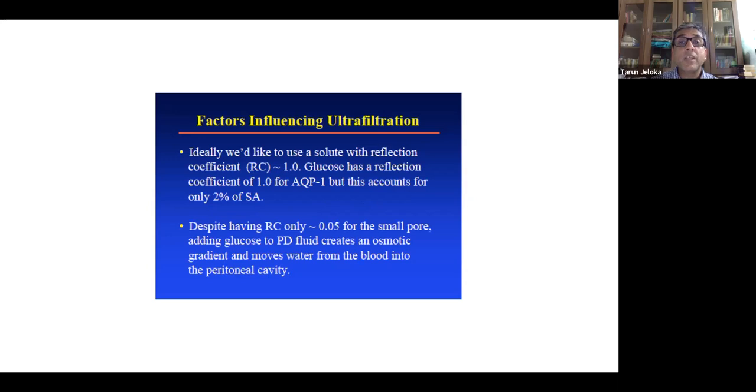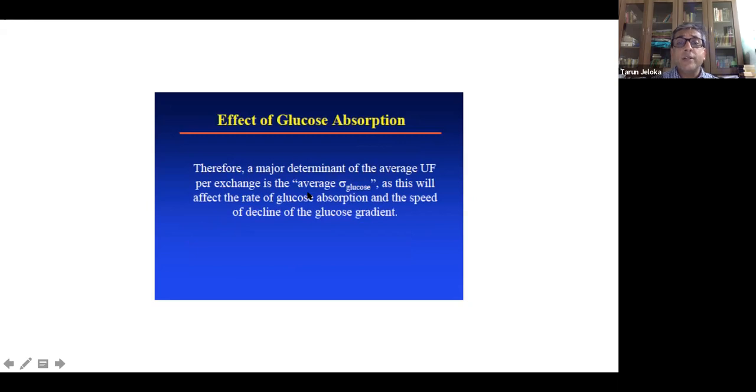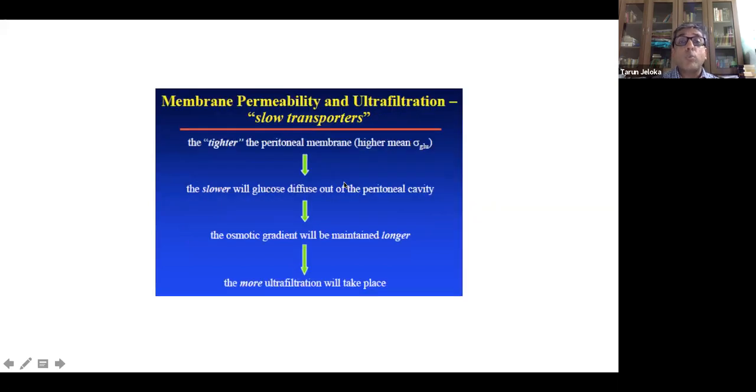Let's forget glucose. I told you the reflection coefficient is 1 for aquaporins, and for small pores is 0.05. And a major determinant of average ultrafiltration per exchange is reflection coefficient. So what I mean by reflection coefficient is in these two slides, which determines the membrane permeability and determines the ultrafiltration.